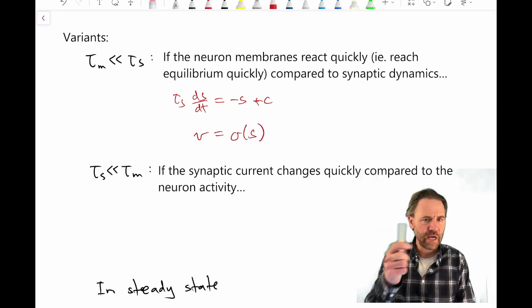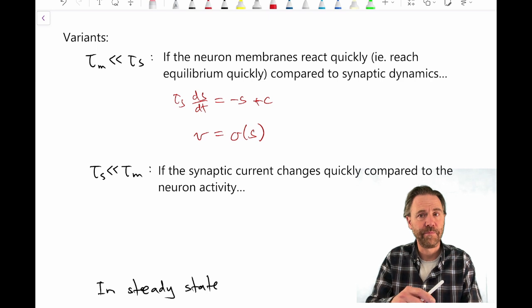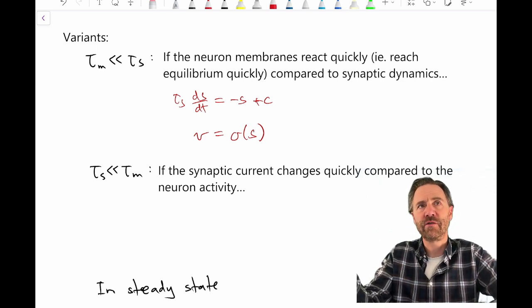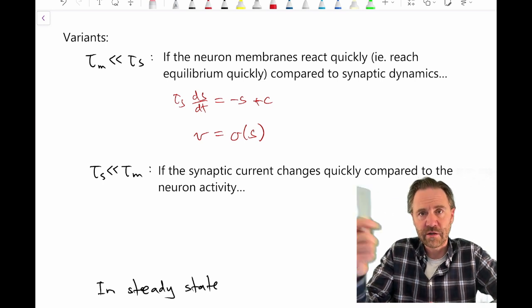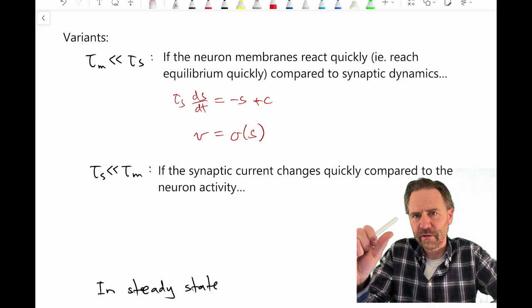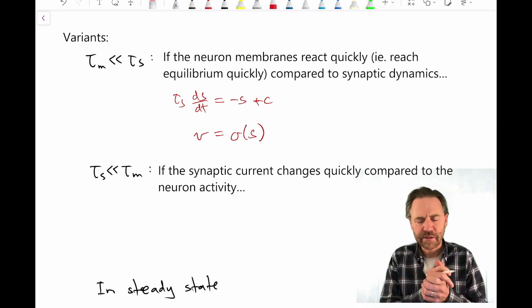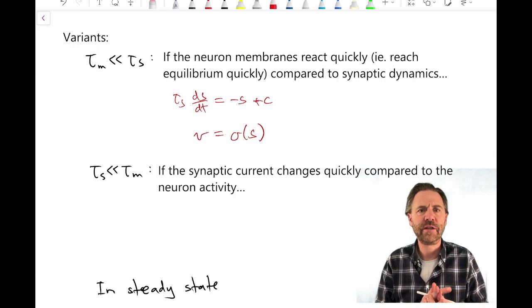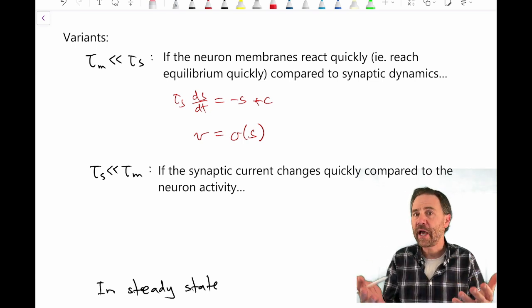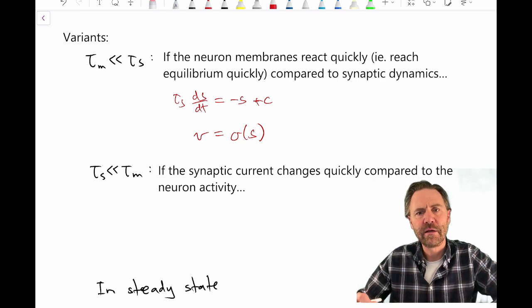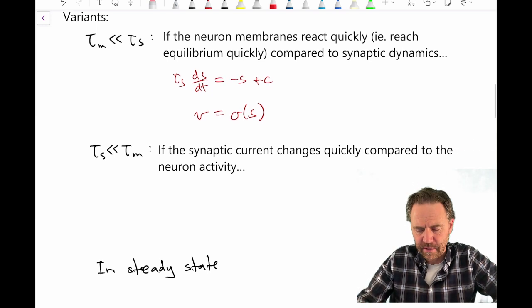So we think of where you are in the season as relatively constant as day turns to night and night turns to day. I don't know if that's a very helpful example, but when V changes quickly, it's basically at equilibrium compared to how slowly S changes.